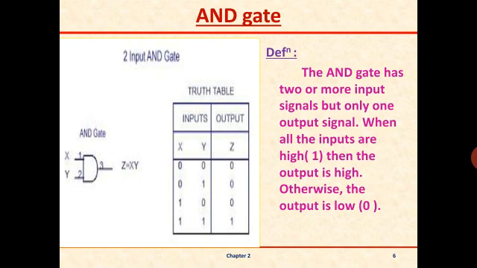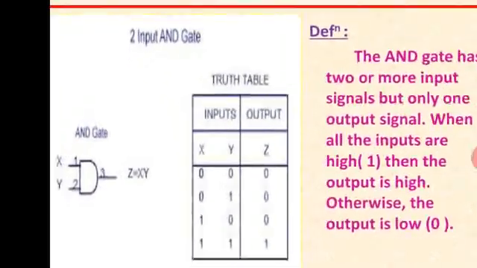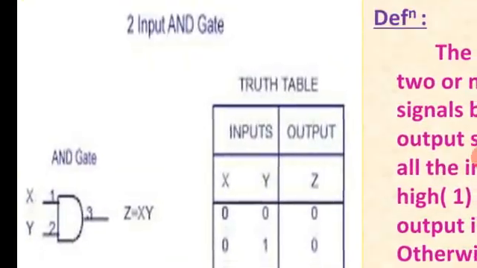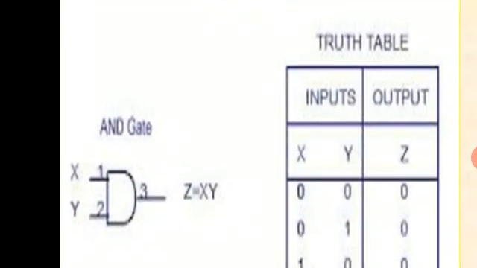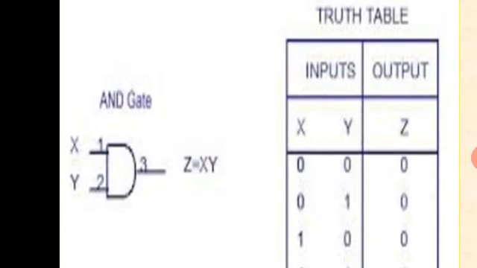Now the last gate is AND gate. See here, students, AND gate. This AND gate can have 2 or more input values but gives only one output value.